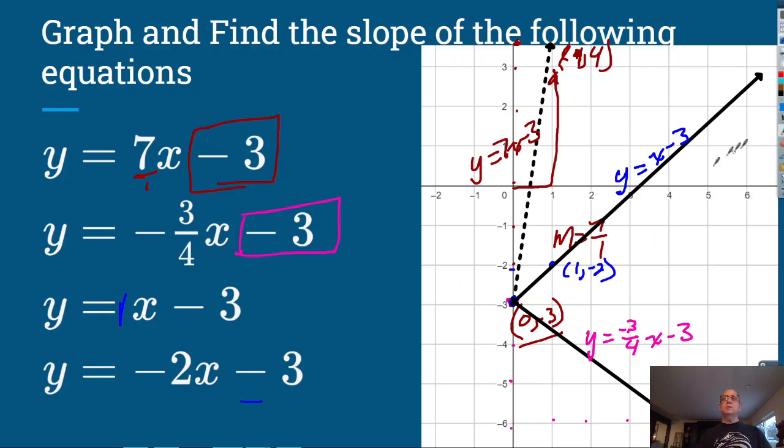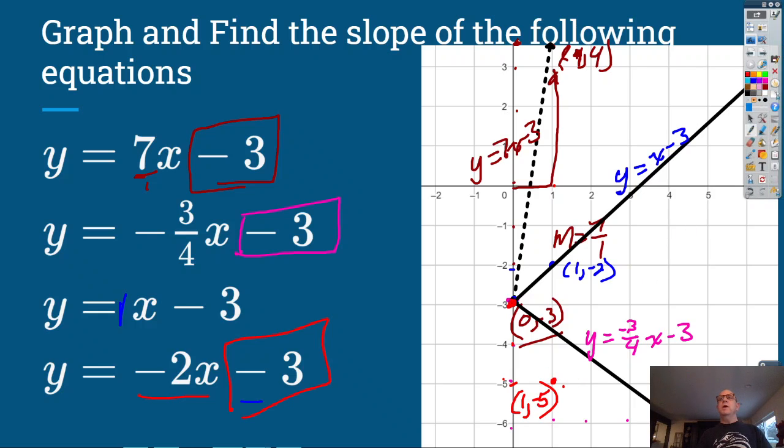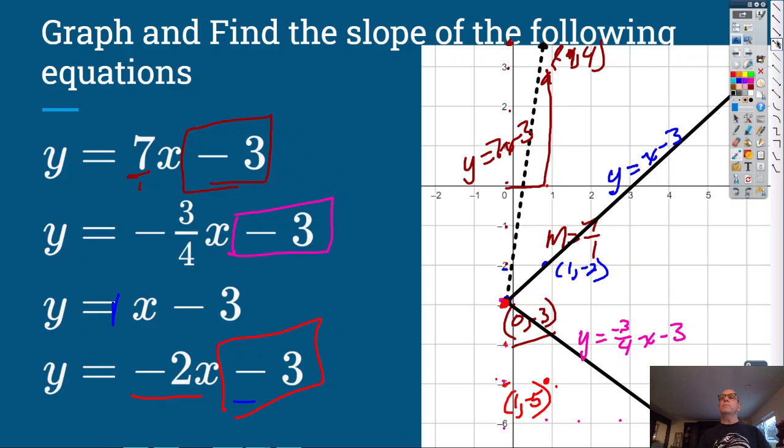And then our last one, y equals -2x minus 3. Again, we're starting at -3, and we're going with a -2 slope. So that means 2 down, 1 over. And that is point 1, -5. So we have 1, -5. And this line goes from here to here.